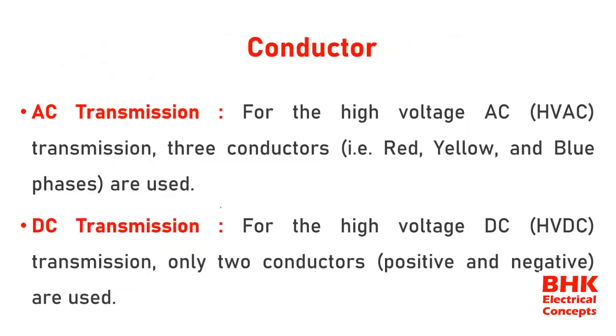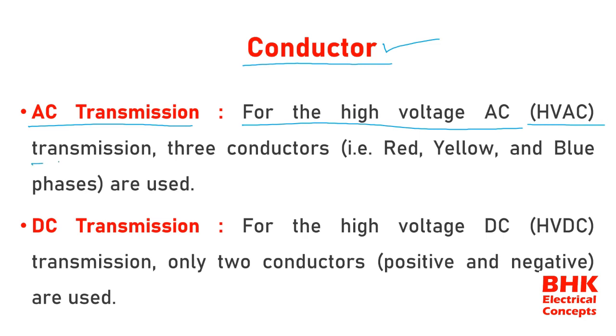And coming to the conductors. In terms of conductors, for the high voltage AC, that is the HVAC transmission system, we use 3 conductors: one is red, one is yellow, and the other one is blue.